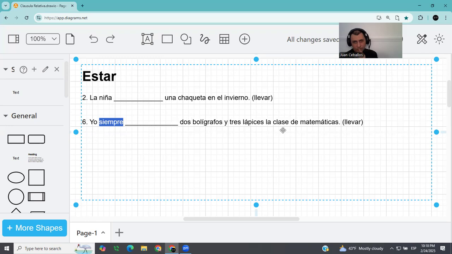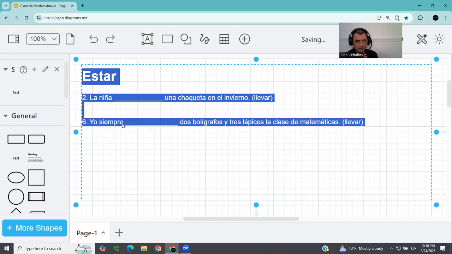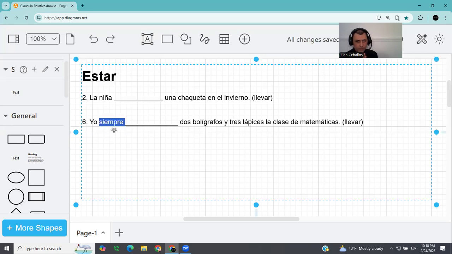Okay. That's a weird sentence even in English. It is better if you say I always take 2 pens and 3 pencils to math class. So we need the word siempre to explain the sentence better, to make it more complete, to help the readers understand that we are talking about an action that always happens.